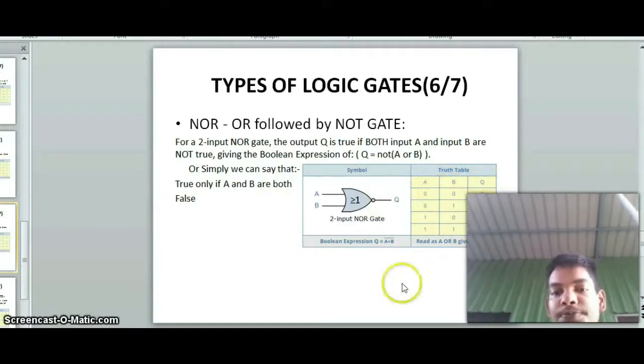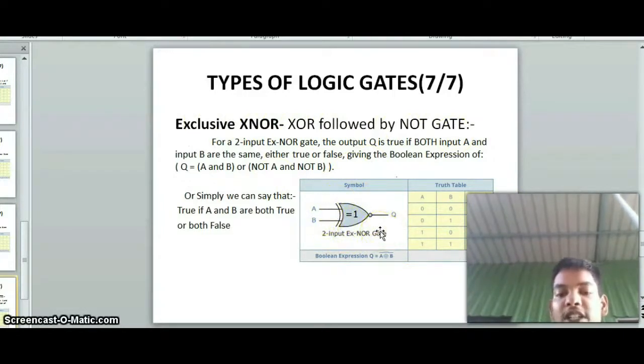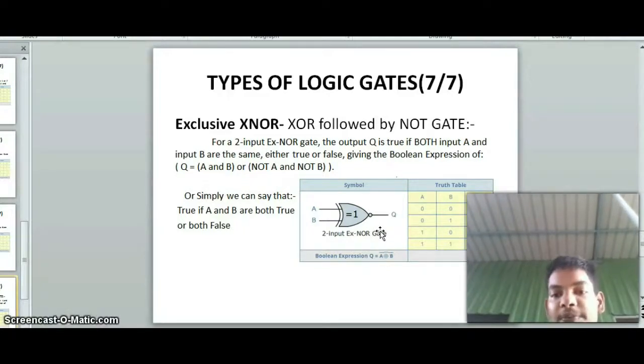Next is the exclusive NOR gate. It's the same as the XOR gate with the NOT symbol ahead of it. It has the same XOR symbol, and at the end we have a circle. It behaves in the same way, but with the contrary behavior.